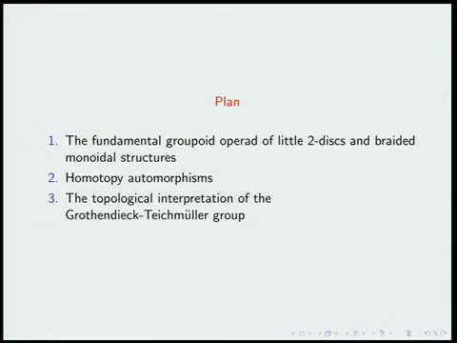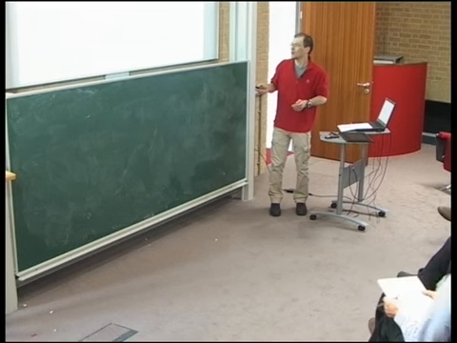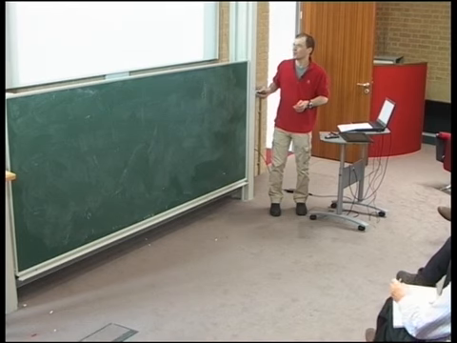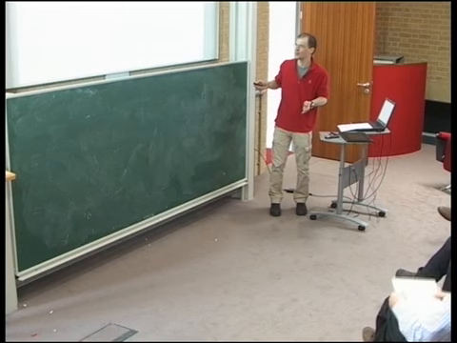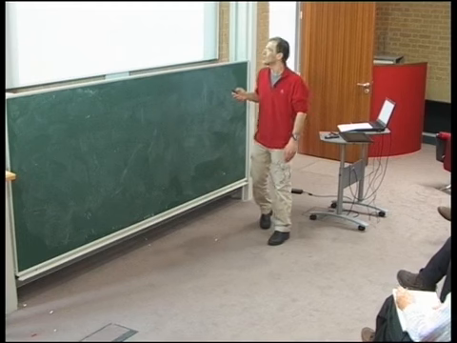I would like to explain that the fundamental groupoid of the little 2-disks operad is actually an operad governing braided monoidal structure. I'm going to explain the notion of a homotopy automorphism in the second part of my talk, and I will tackle applications of the Grothendieck-Teichmüller group to the homotopy of E2 operads in the last part.